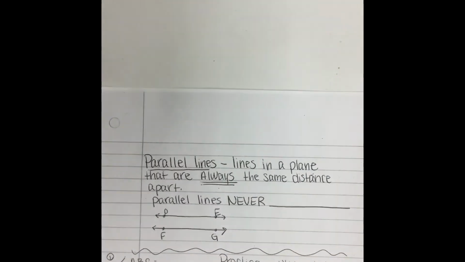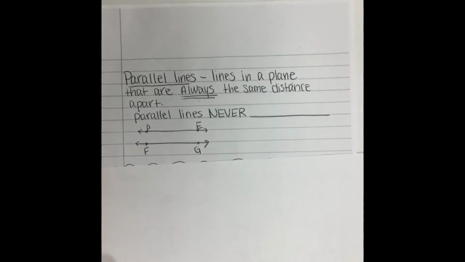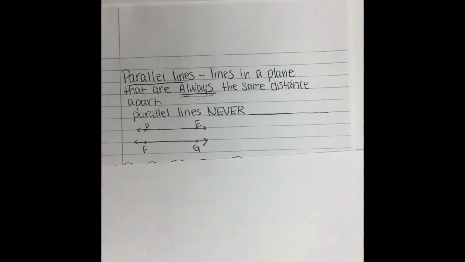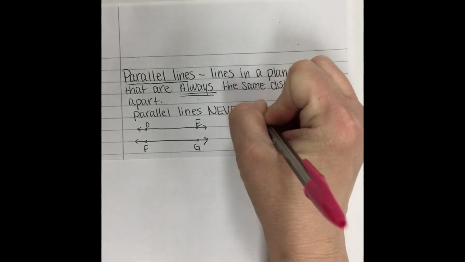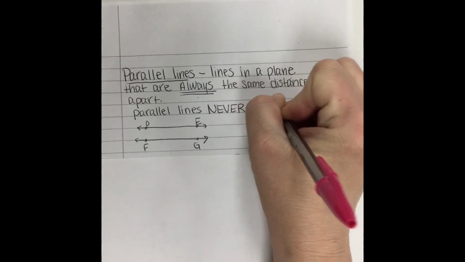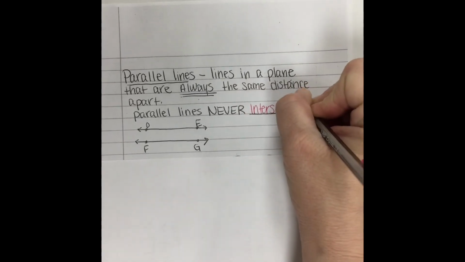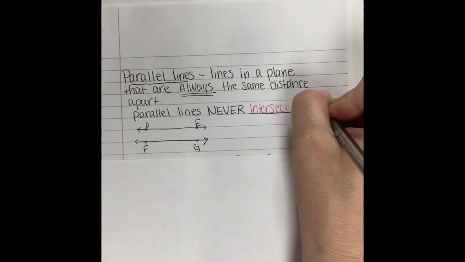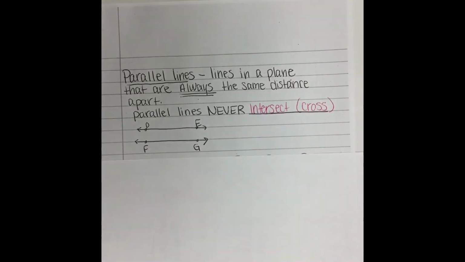Okay. Let's look at parallel lines. Parallel lines are lines in a plane that are always the same distance apart. Parallel lines never intersect, which means they will never cross. So when I think about parallel lines, I think about train tracks.